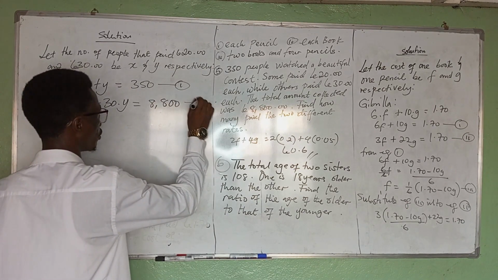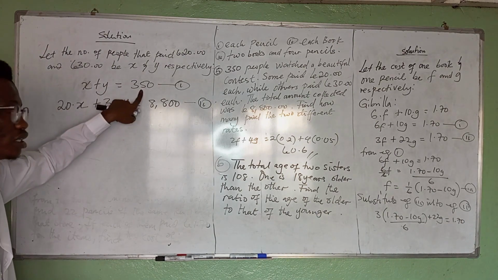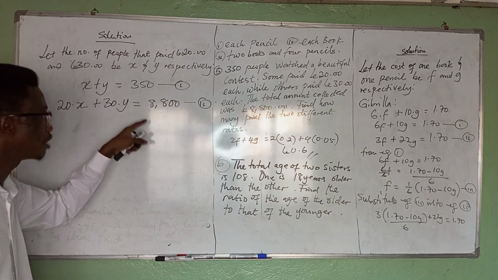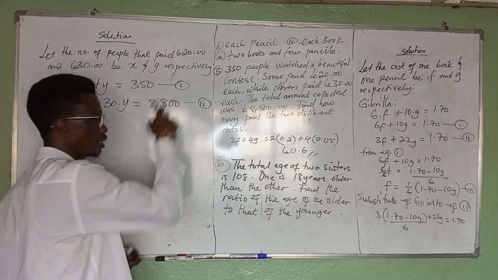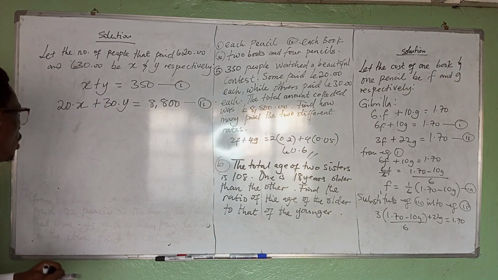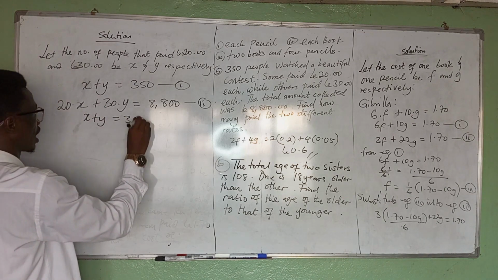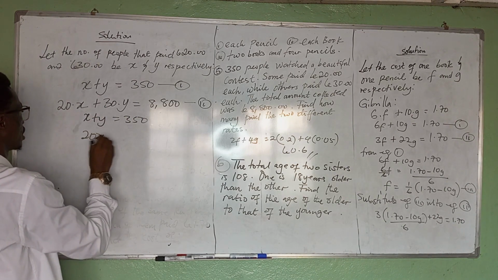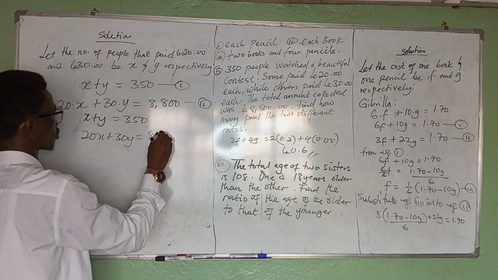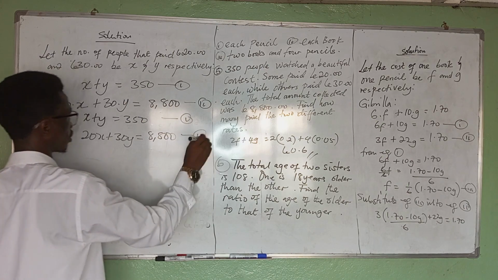So that will be your equation 2. The total number of people paying 20 each and 30 each gives a sum that was collected, which resulted in 8,800. So all you have to do is x plus y equals 350, and 20x plus 30y equals 8,800 leons. So you have equation 1, you have equation 2.